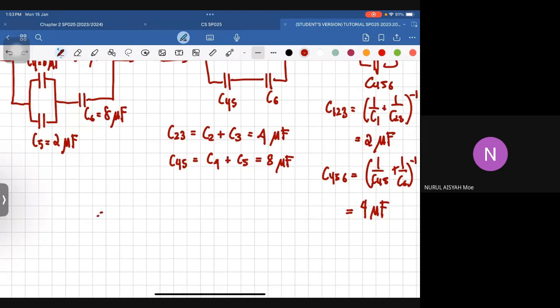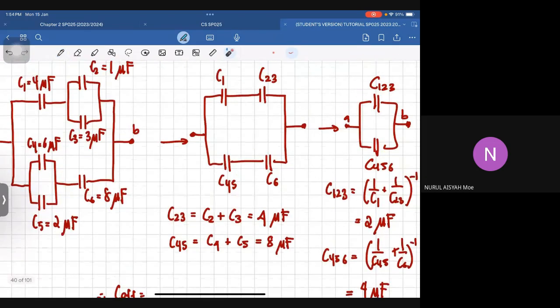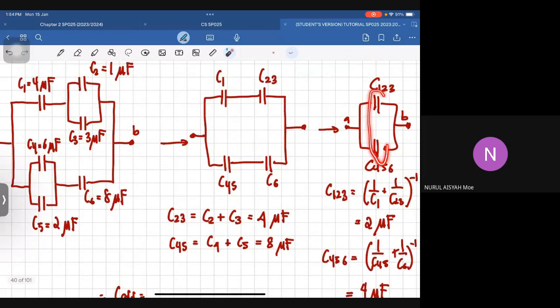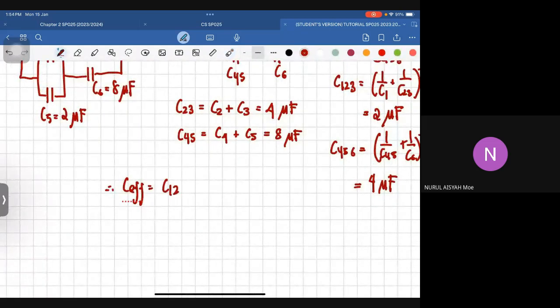Okay, so the effective capacitance, kalau kamu tengok ni, some students will say this is series circuit lah, tapi actually this is parallel sebab kita ada junction di sini. Okay, so this is parallel circuit. So kalau parallel, kita tambah je lah C1 2 3 plus C4 5 6.